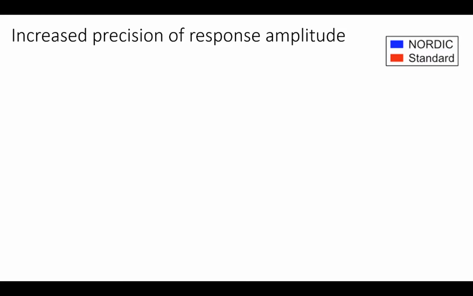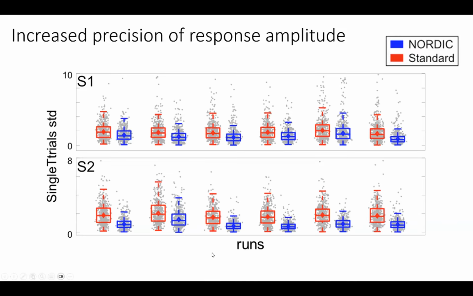So the assumption is that if we were to estimate single trial responses and then look at the standard deviation or some sort of variance estimate for this single trial, we should see that this decreases after Nordic. And this is exactly what we see here, again, within the region of interest of the retinotopic representation of the target. We see that the standard deviation within each run of the single trial estimate decreases for Nordic estimates. And so this tells us that the precision of the single trial responses is increased, or the variance is decreased using Nordic.